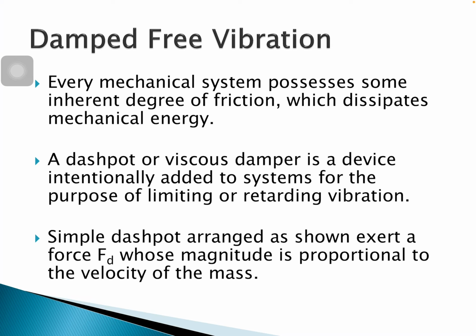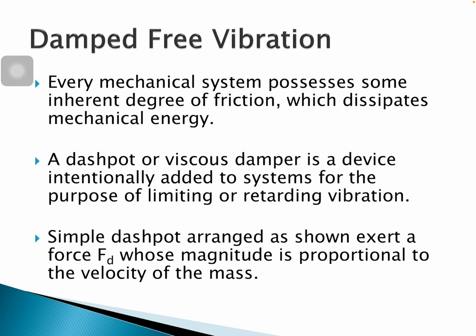Every mechanical system possesses some inherent degree of friction. It is impossible to have a friction-free system. If any motion is included in the mechanism, of course there will be friction in real life.